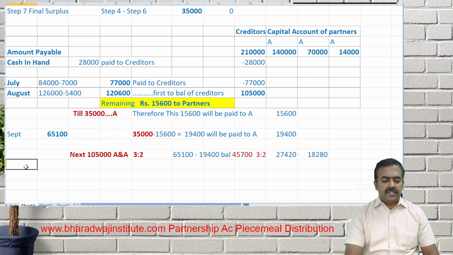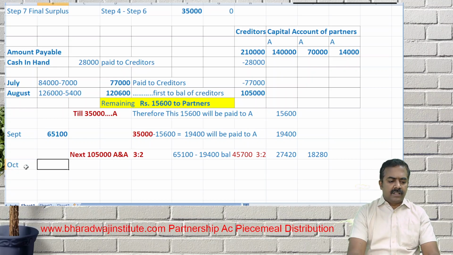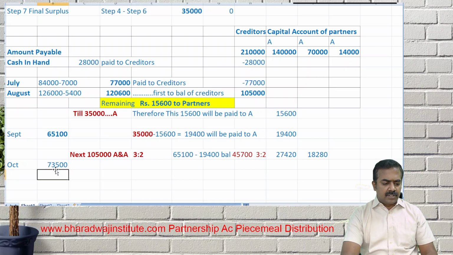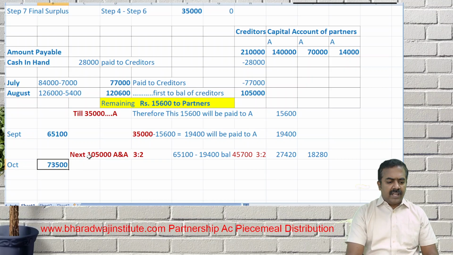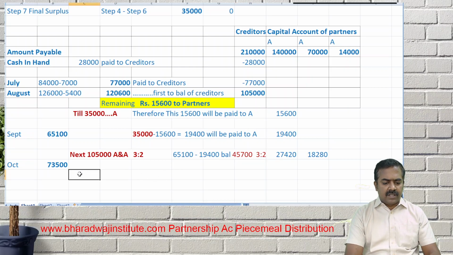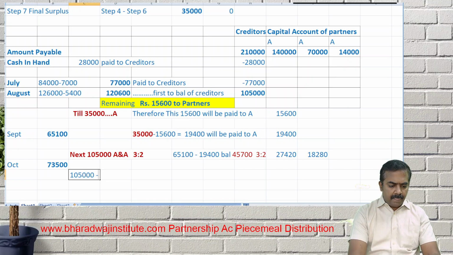Next, which month's realization? October month. How much is realized? 73,500. Net amount 73,500. Wait. In this 1,05,000 condition, how much has already been distributed? 45,700 has been distributed.